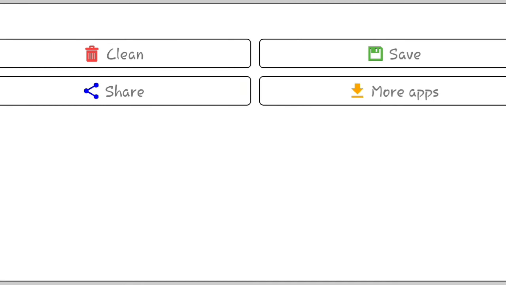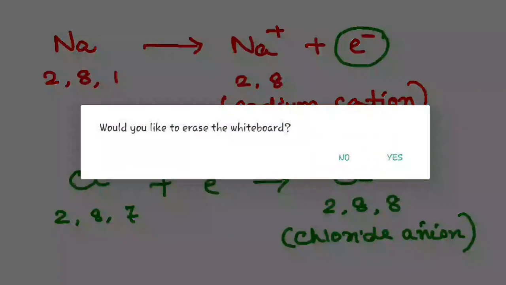Alright. Now what happens finally is this: the sodium Na has 1 electron in the outermost orbit, that is the valence shell. The chlorine has 2, 8, 7, so 7. So let's draw by cross. So 2, 4, 6 and 7.